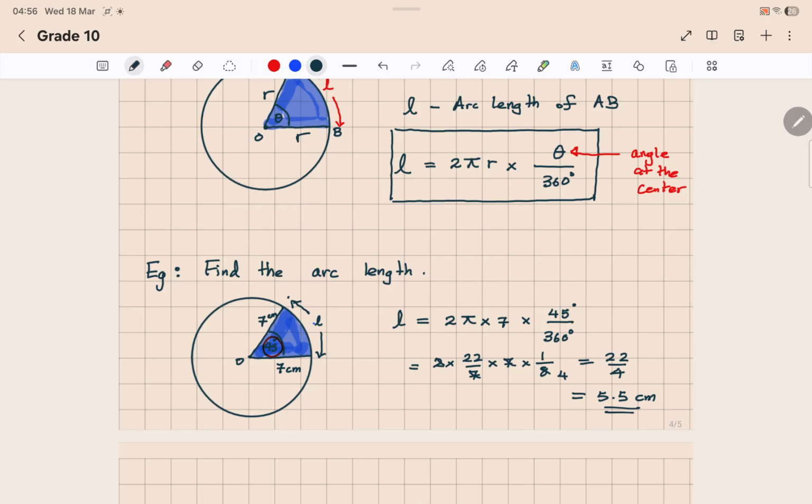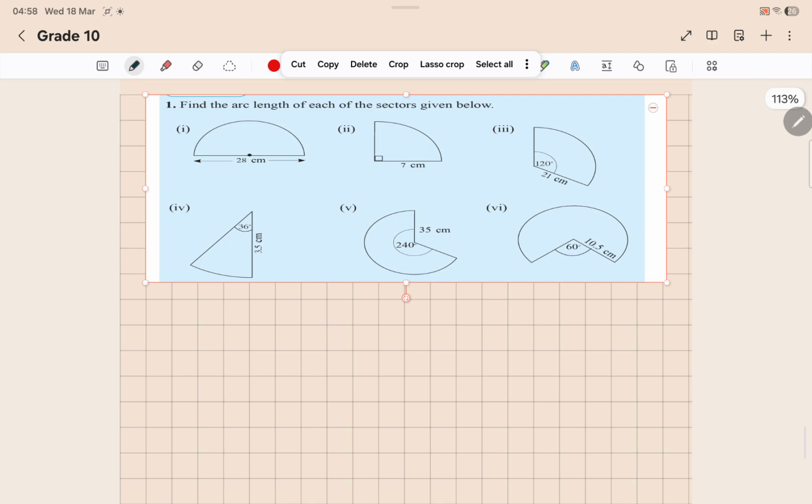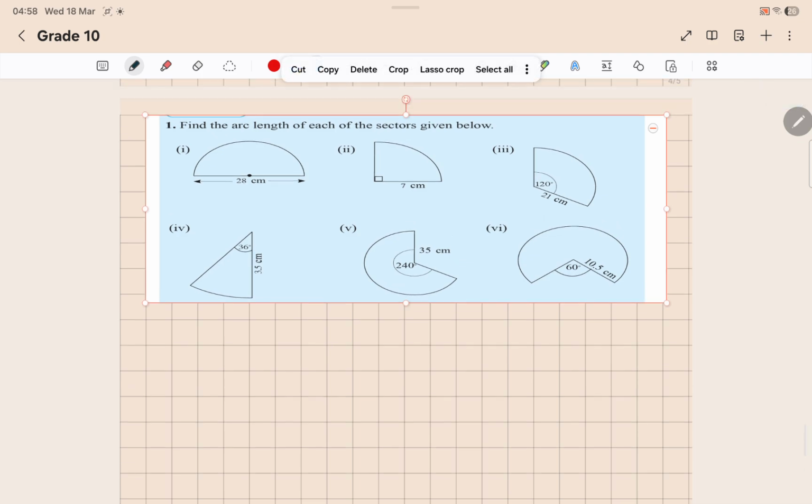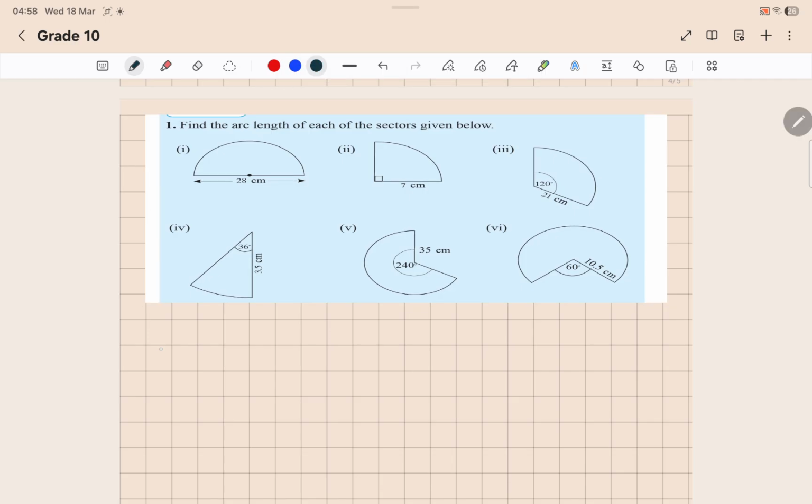Then we'll do some more exercises using this formula. Let's look at this exercise. We want to find the arc length of each sector given below. Let's look at the first one. That one is easy.